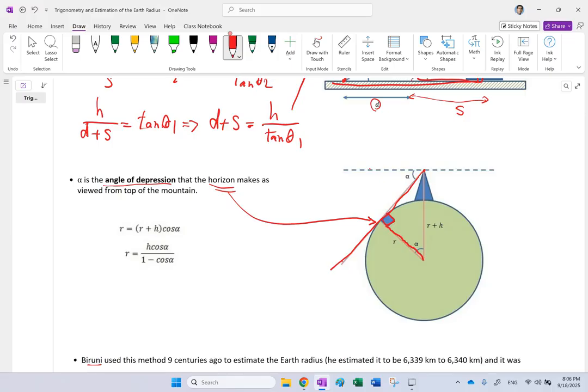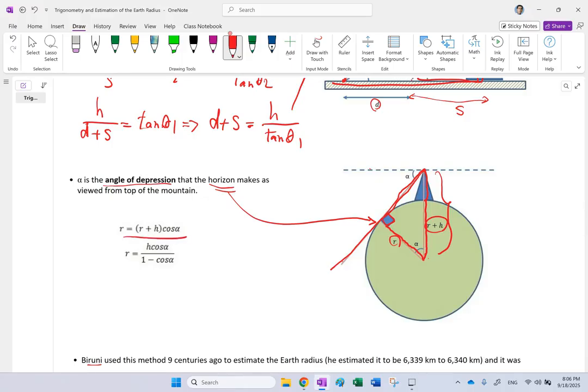And so here you're dealing with the right triangle again. This distance is r, this distance is r plus h, because r is from the center to the bottom of the mountain and h is above that, so it's r plus h. And you can clearly see that r, adjacent to alpha, is equal to the hypotenuse, which is r plus h, times cosine of alpha.